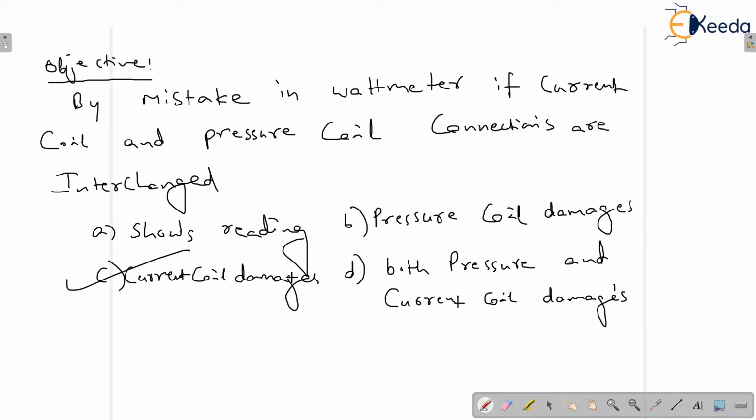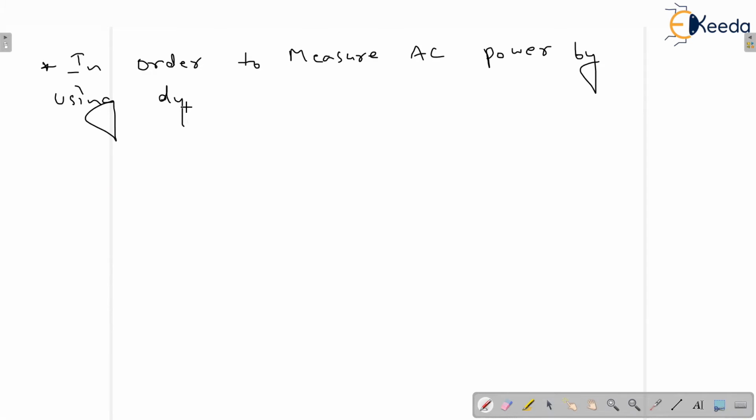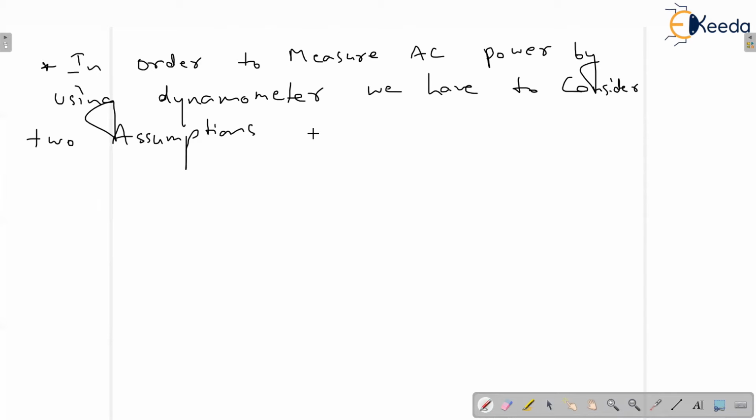Then next, let's start. In order to measure AC power by using a dynamometer, we have to consider two assumptions inside the meter.